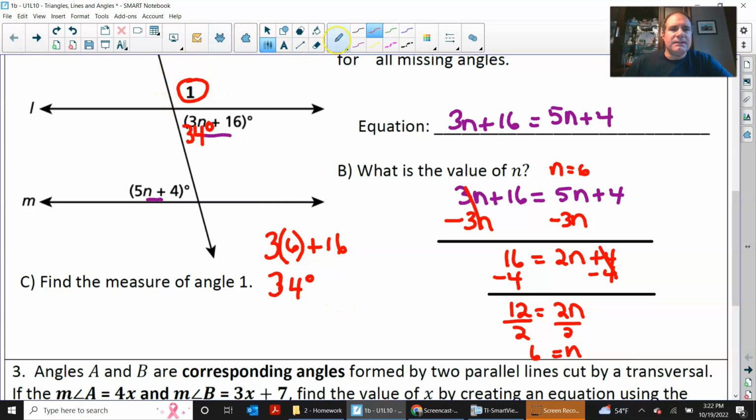I know that the angle here and here make supplementary angles, and this equals 180 degrees because it's part of that straight line that we're talking about. So anytime that we have a straight line, we put 180 on the page minus the 34.